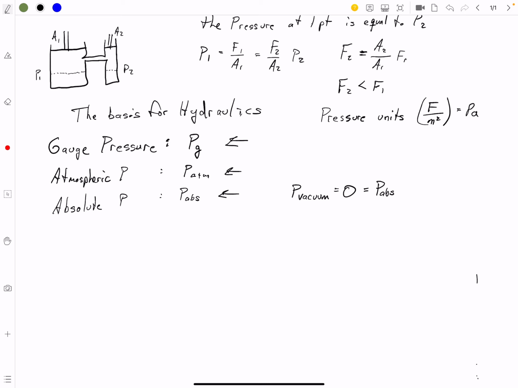Atmospheric pressure is simply the pressure from all the air above us pressing down on us. And then gauge pressure is pressure measured.